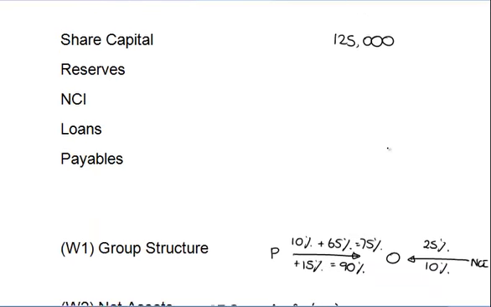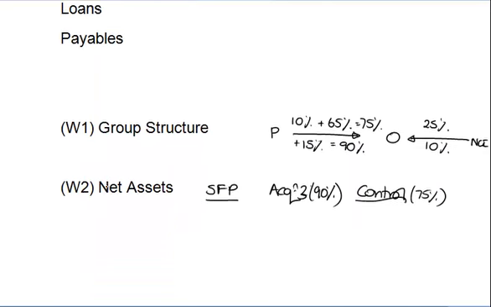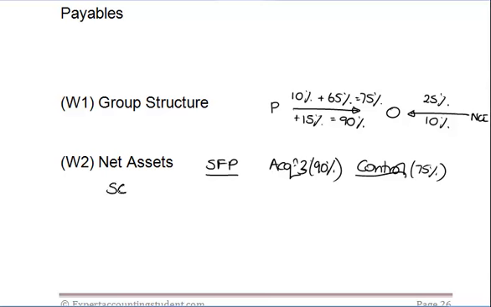Share capital, the share capital of the parent company, is taken directly to the statement of financial position. The share capital of the subsidiary goes to our net assets working. So I've got share capital here, 50 million at each of the dates.